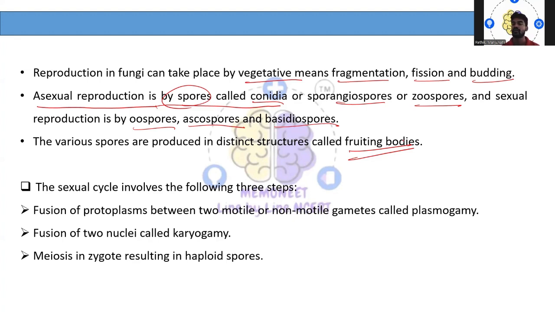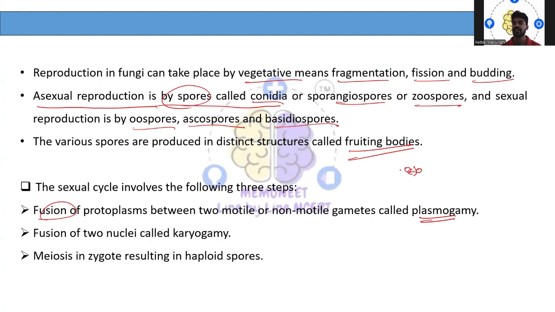The sexual cycle basically involves three steps. The first is the fusion of the protoplasm between two motile or non-motile gametes, called plasmogamy. So, what is plasmogamy? It is fusion, not fission.